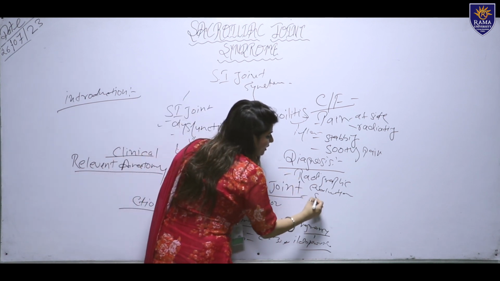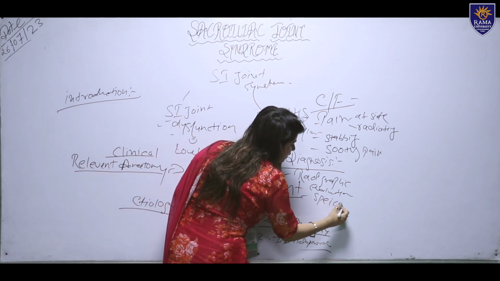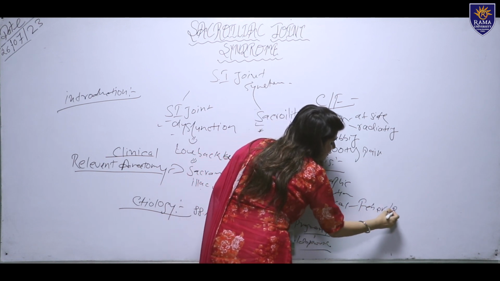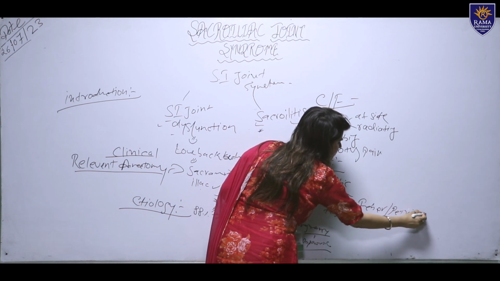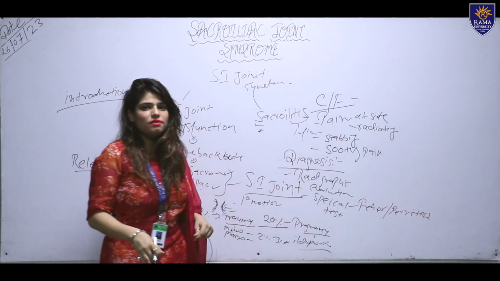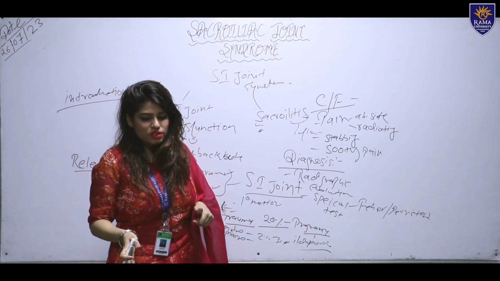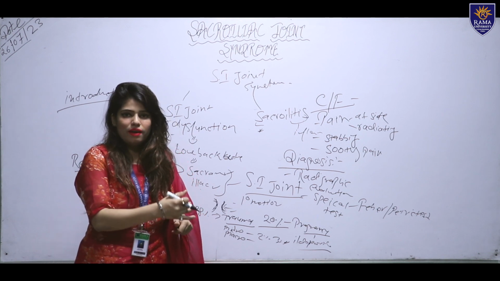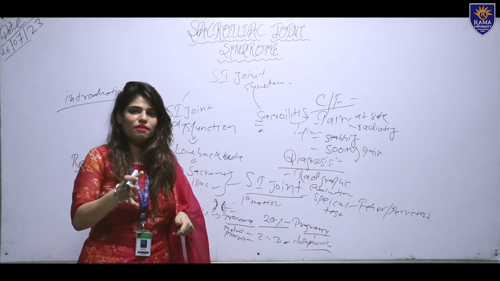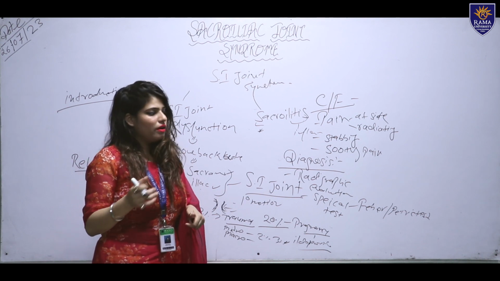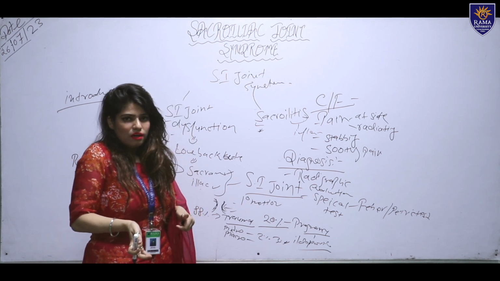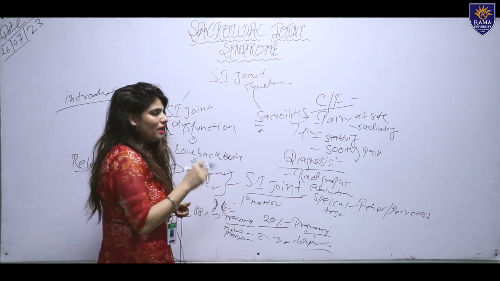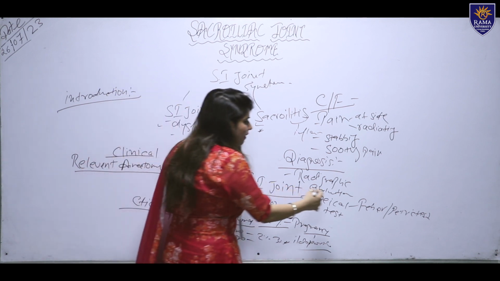Next is the special test of SI joint dysfunction, that is the FABER-Patrick test, known as flexion, abduction and external rotation. When the patient is in supine position, the leg is in extension, then it is flexed into the figure of 4 position, then a downward force is generated at the site of the knee. So the pain occurs in the sacroiliac joint.